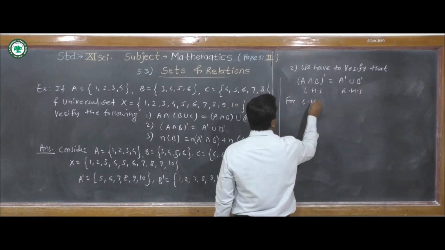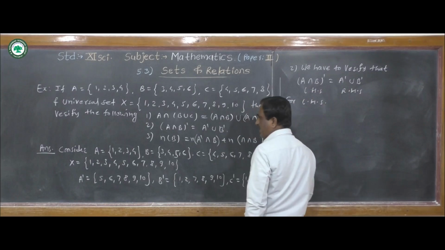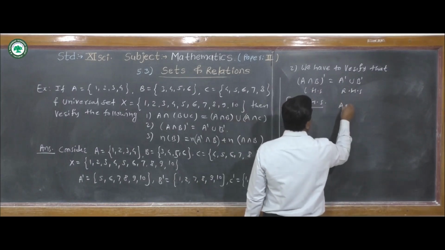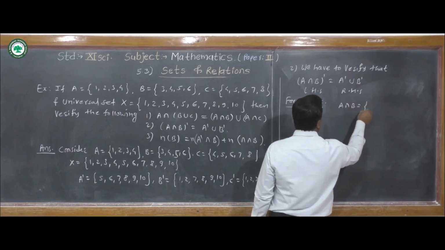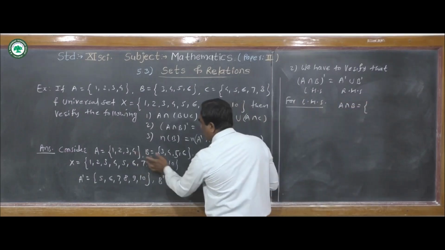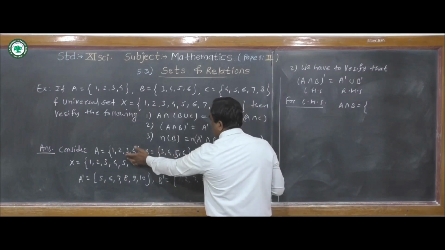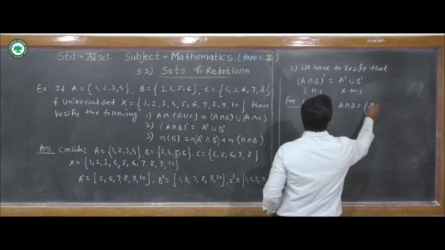For LHS, first we find A intersection B. A intersection B is equal to, in curly brackets, set A, set B, the intersection of these two, which contains common elements 3 and 4.